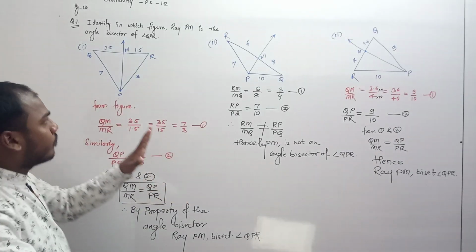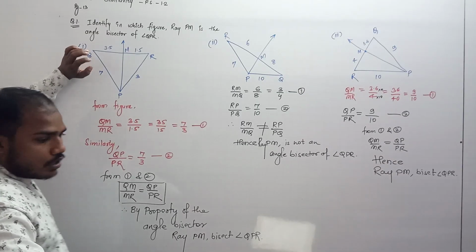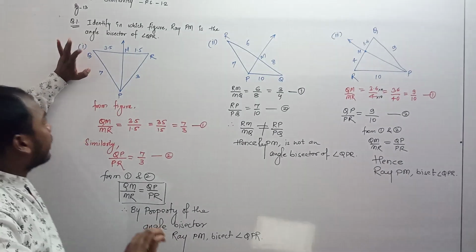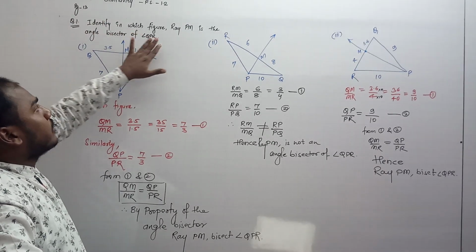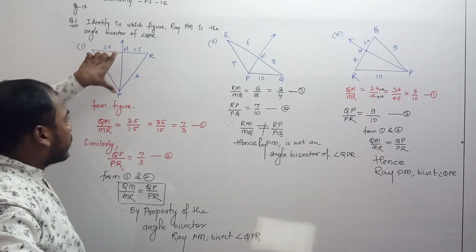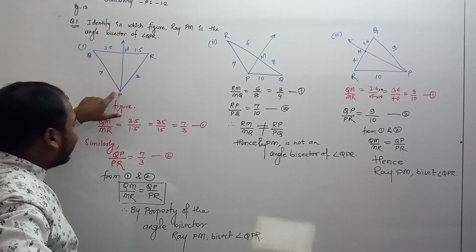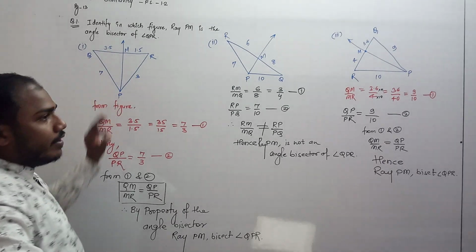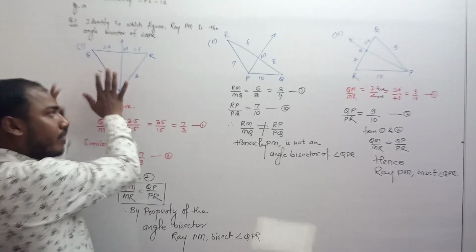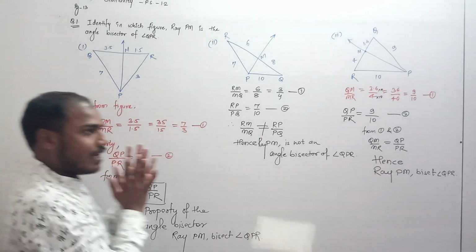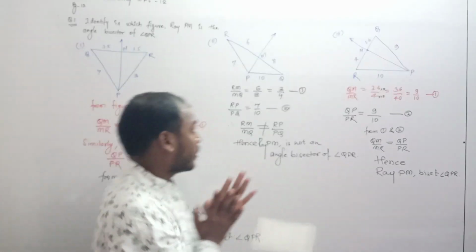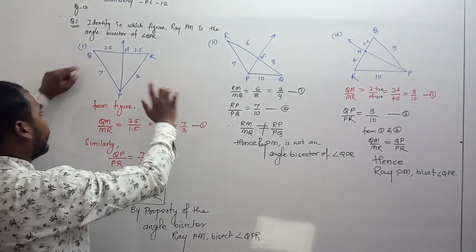Again I am repeating, let us quickly revise in 1 minute. If I want to identify in which figure ray PM is bisecting angle P or not, we can use the angle bisector theorem, which is very simple.